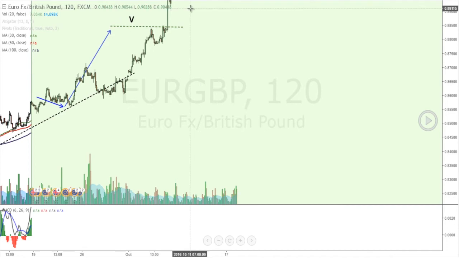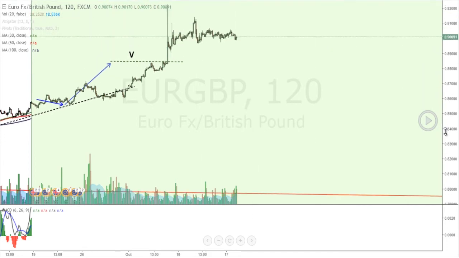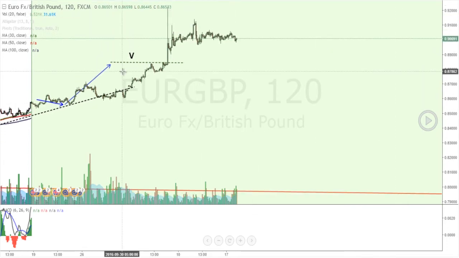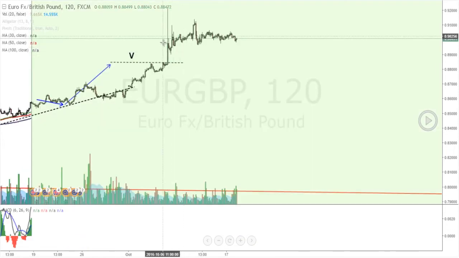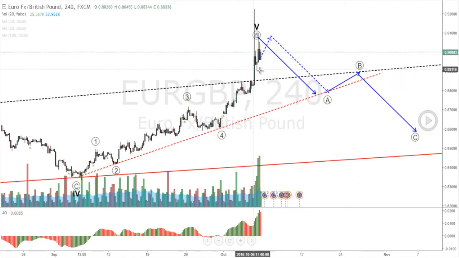But then everybody was asking, should we go long? Should we go long? I said, wait for it. It's got to retrace. So this was the end of that impulse move, and I said no, it's got to retrace now.